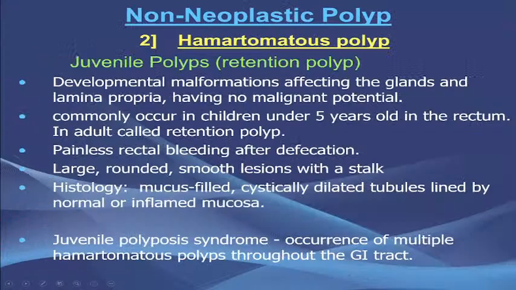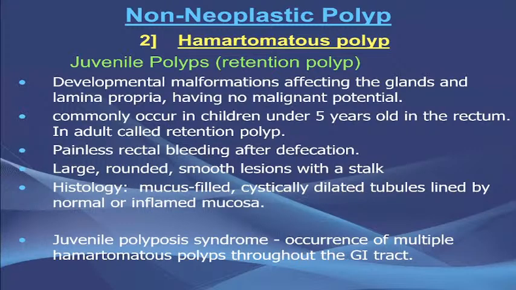Then the hamartomatous polyps. I'm hoping that you remember the definition of a hamartoma, which is really a developmental malformation of tissues that are found in that site, okay? So they're not tissues from elsewhere.